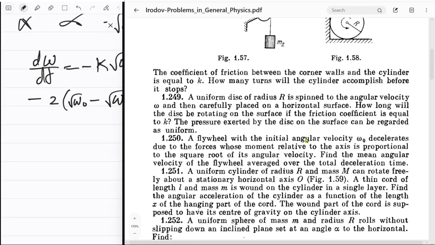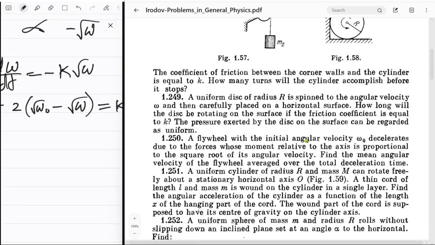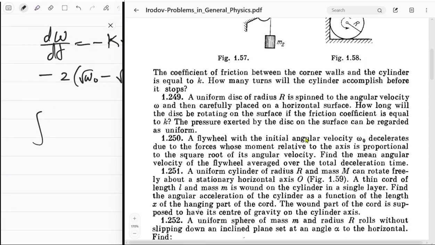And also you would like to have theta. Not good, because getting theta is a painful thing. You want to get theta, which is the integration of d theta, which is the integration of omega times dt, of course.